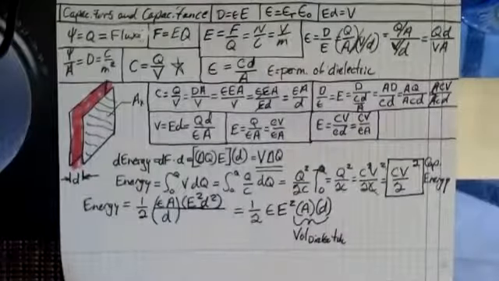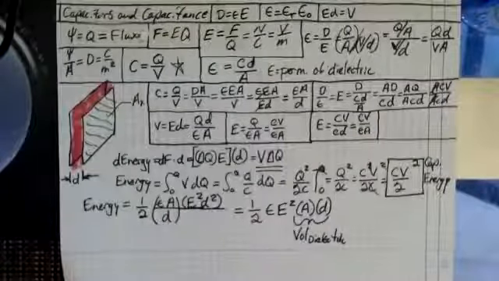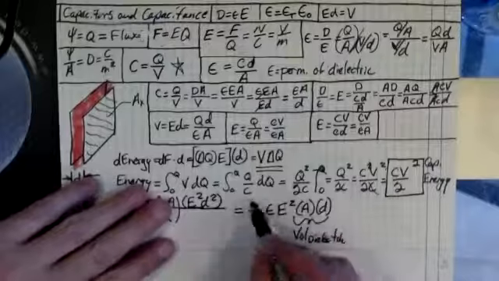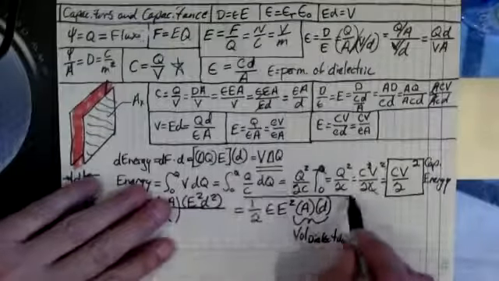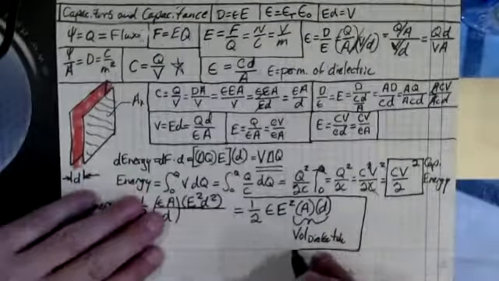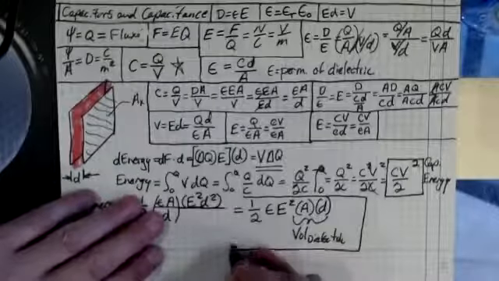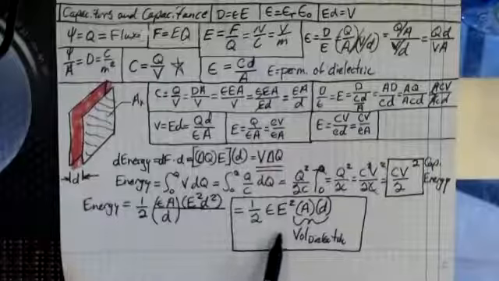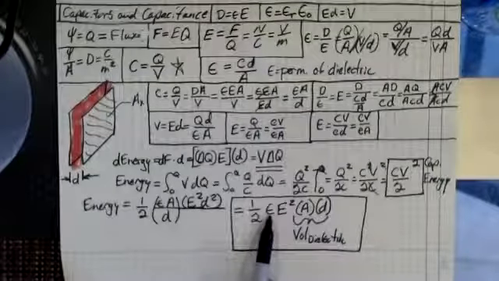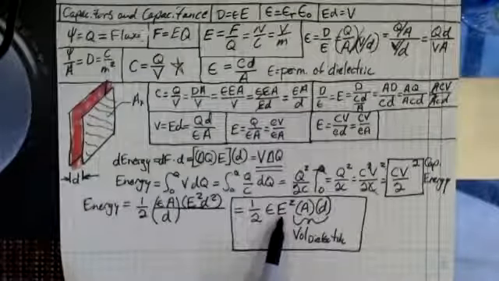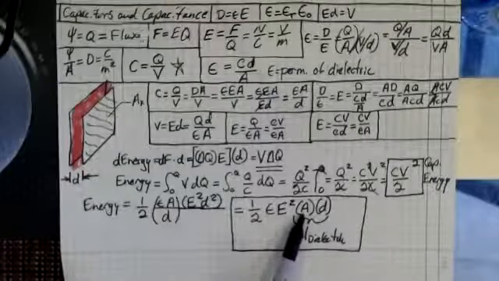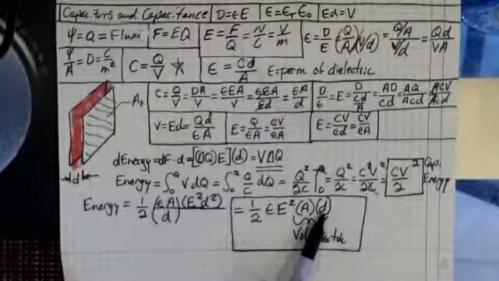That's the volume of the dielectric. So this would be the energy that is contained in the electric field inside the capacitor. There's the permittivity of the dielectric, the electric field strength inside the dielectric times the cross-sectional area of the dielectric and D, right?